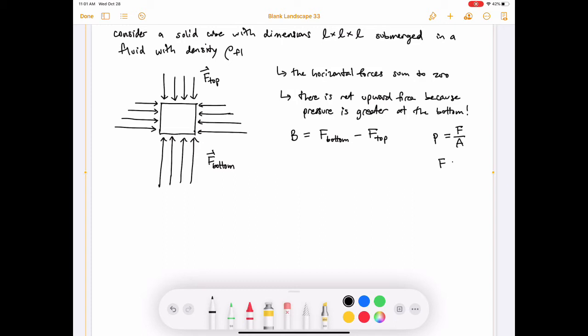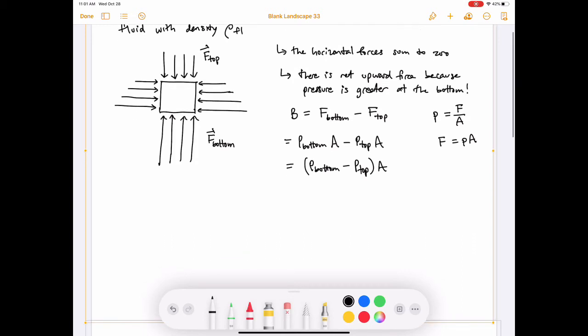So force is pressure times area, which means we can rewrite the buoyant force as the pressure at the bottom times A minus the pressure at the top times A. Or to write this in a more compact way, pressure at the bottom minus pressure at the top in parentheses times A.